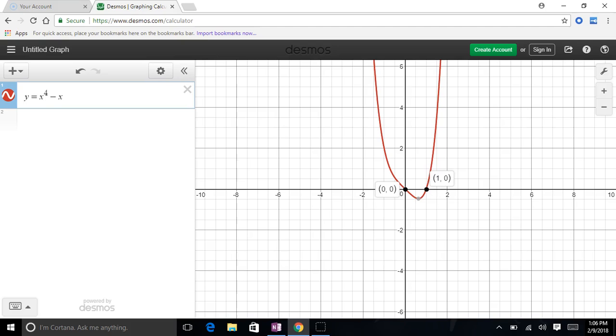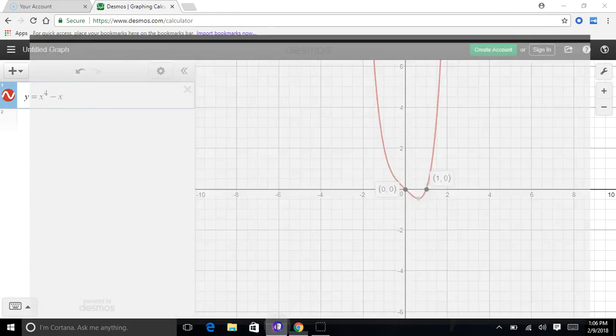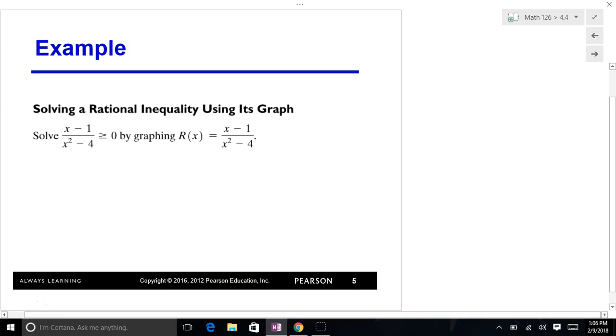I can't draw on this, unfortunately, it's out of the OneNote, but from negative infinity up to the 0 right here, you're above, and then from 1 on, you're also above on that. Alright, let's go back with this.